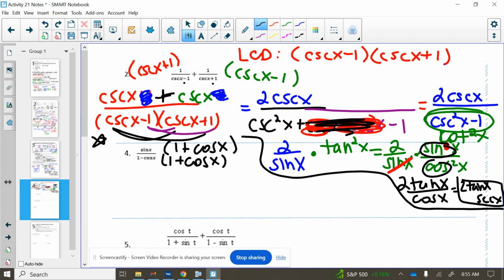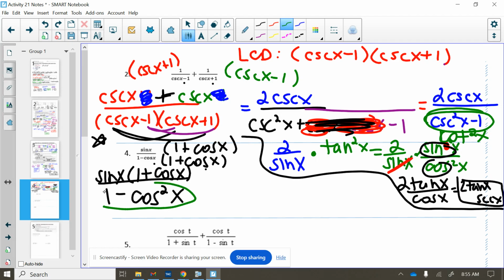So when we double distribute, we end up with 1 times 1, which is 1, and then positive cosine times negative cosine, which cancel out, and then we're allowed to just do cosine times negative cosine, which turns into negative cosine squared. Now on the top, they're not conjugates. We have sine of x and then times 1 plus cosine of x happening up there.